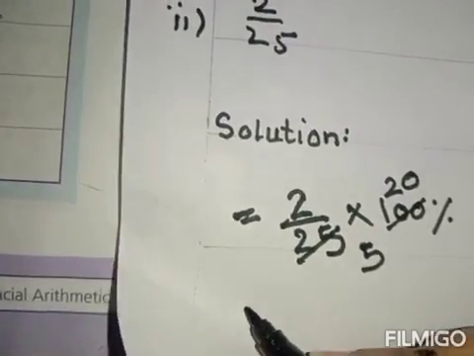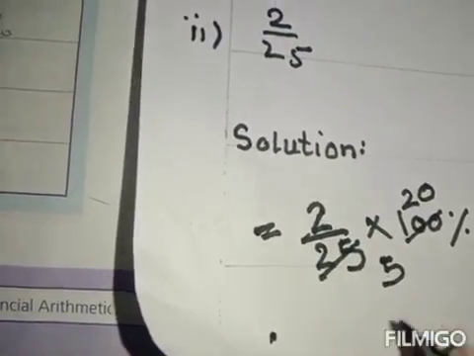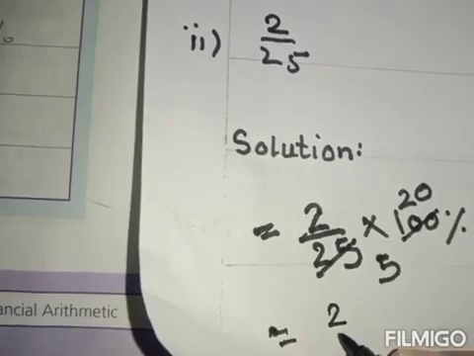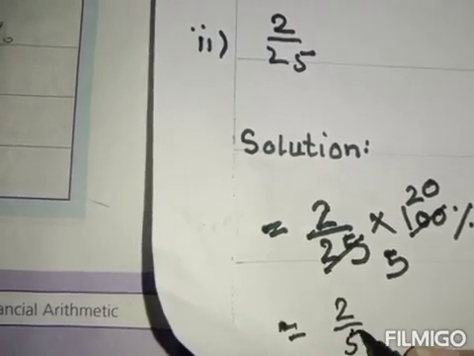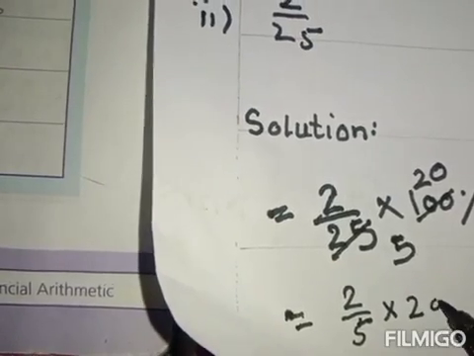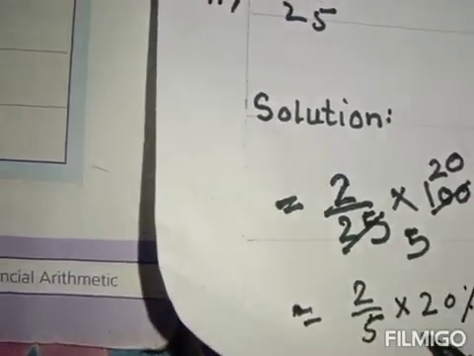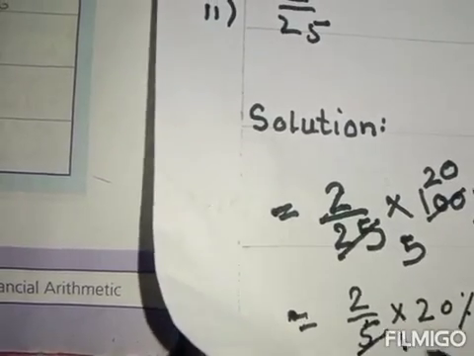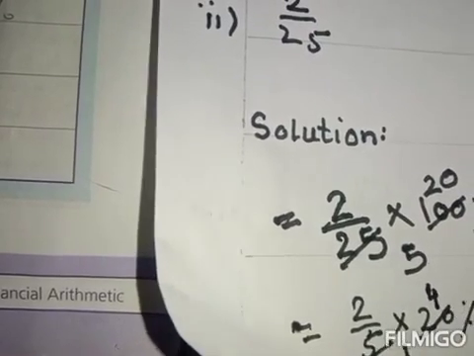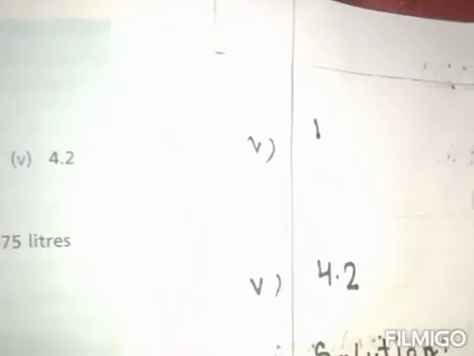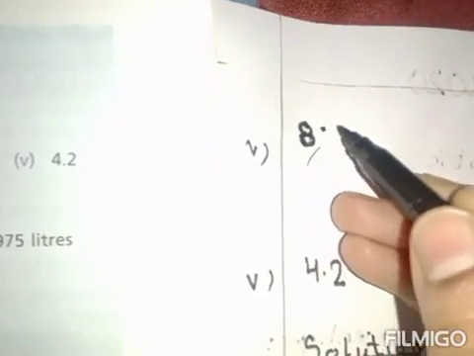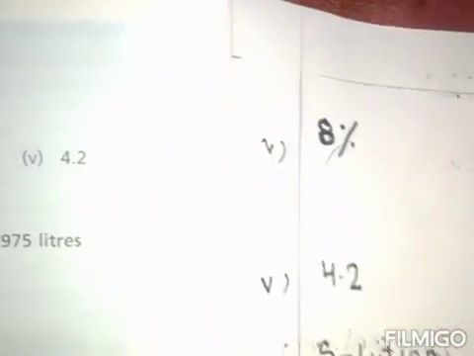Now we can do further cutting. 2 over 5 multiply by 20%. Still we can do cutting. So 5 ones are 5, 5 fours are 20. So 2 fours are 8. 8% is our answer.